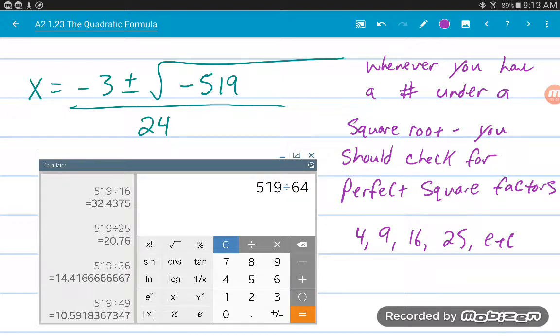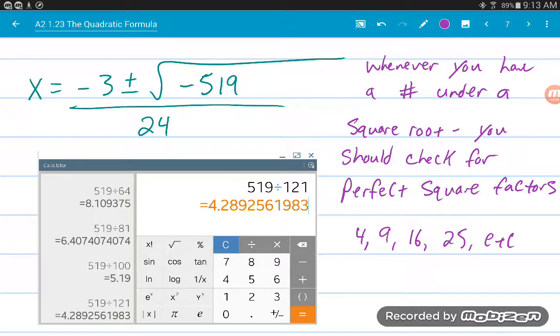All the even ones are not going to work, but you can test them and find that out yourself the hard way if you want. 519 divided by 81. 519 divided by 100. And the last one I'll check is 121. I'm pretty convinced at this point that there are no perfect square factors, which is something you should always be sure of before you box an answer. You should be sure that it's as simple as it can get.